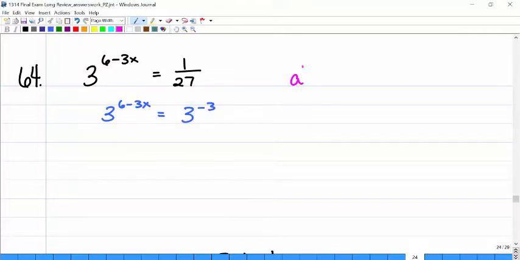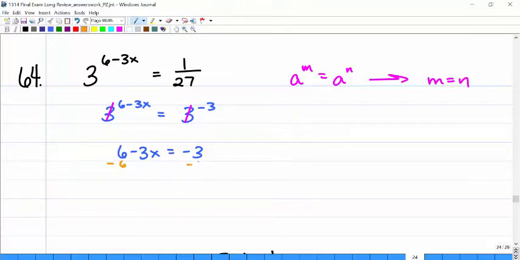I have a rule that says if a to the m equals a to the n, then m equals n. So I can get rid of these bases and say 6 minus 3x is equal to negative 3. Solving for x, I need to subtract 6 from both sides. I get negative 3x equals negative 9. Dividing both sides by negative 3, I get x equals 3.